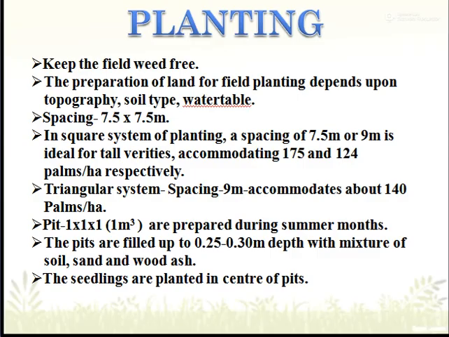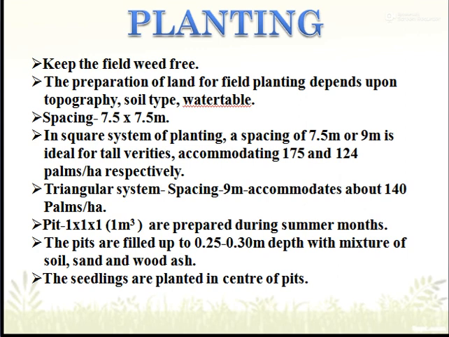Then planting. The planting of coconut is mostly done at the onset of monsoon. First, keep the field weed free. The land preparation for field planting depends upon the topography, soil type and water table.